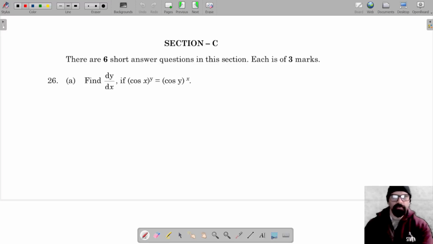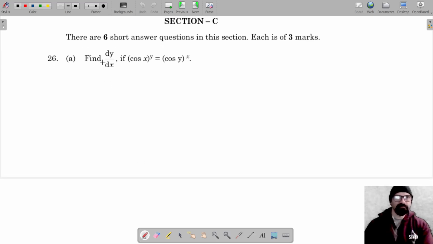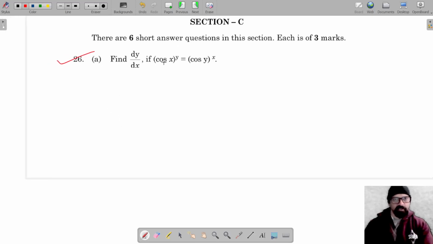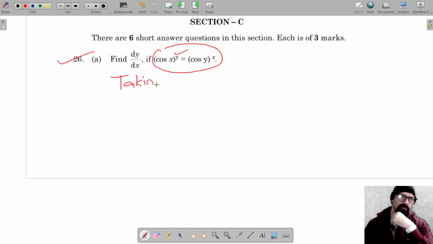Okay, for question number 26, part A, these are 6 short answer questions of 3 marks each, section C. We have to find the differentiation of the given equation. Because this is a function raised to a power function, we are going to take log on both sides.